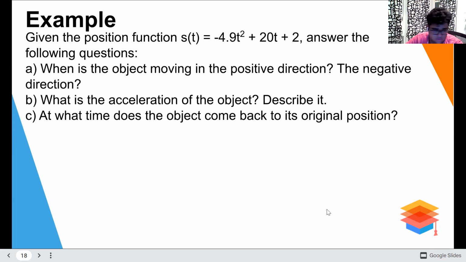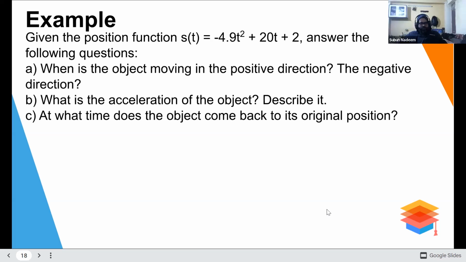And then what about the third question? At what time does the object come back to its original position? That means you have to put s(t) equal to 0 and solve this quadratic. You have to factorize it.